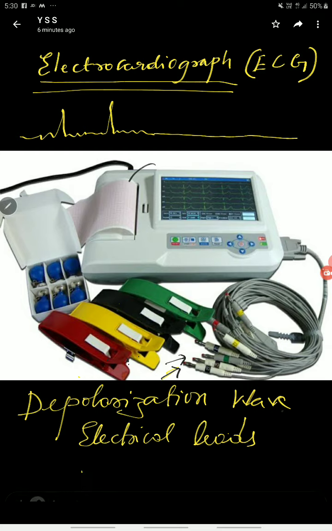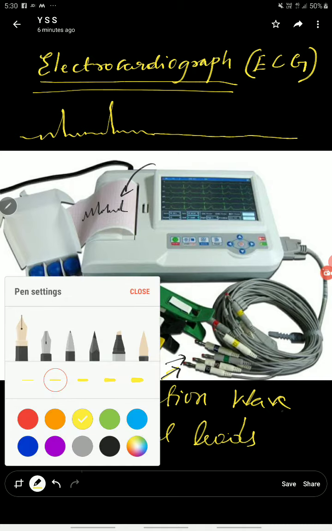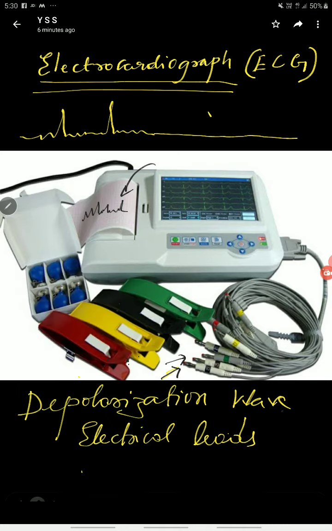You see here, this is the sheet over which it is recorded in the form of a graph like this. The electrical activity of the heart recorded in the form of the graph is called an electrocardiogram.